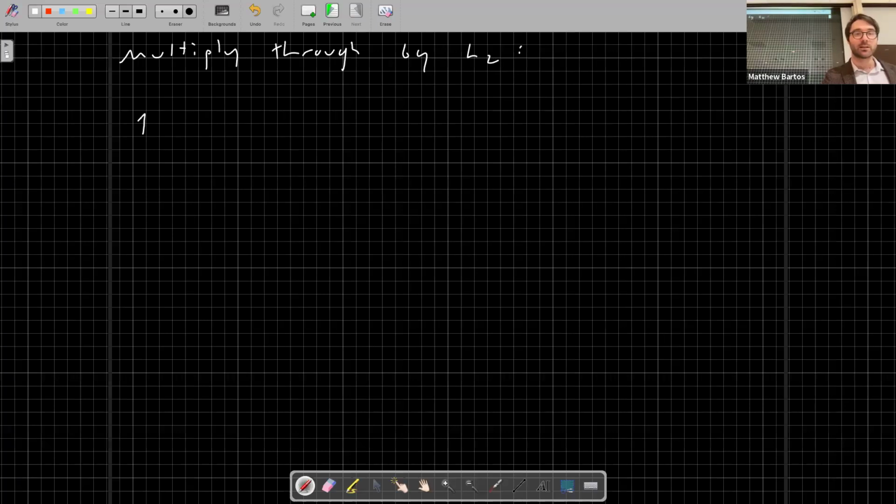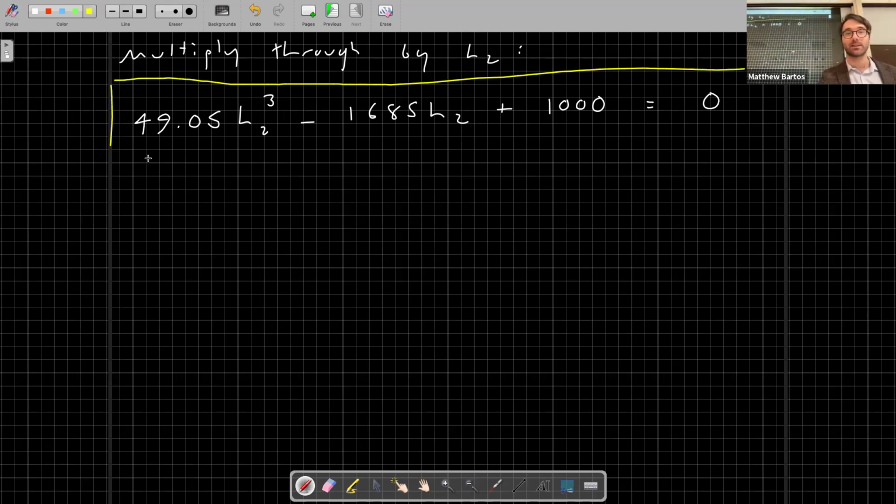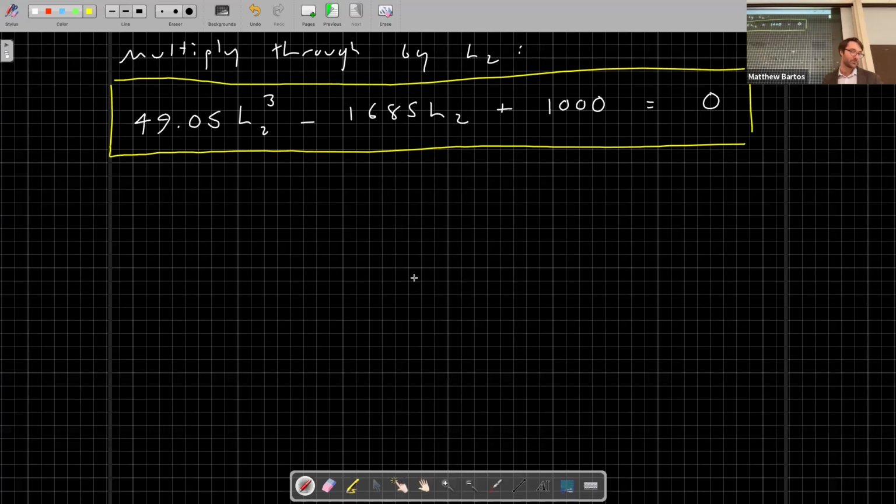We will get 49.05 times H2 cubed minus 1,685 H2 plus 1,000 is equal to 0. And if we want to solve for the depth downstream of the jump, all we have to do is find the roots of this polynomial.